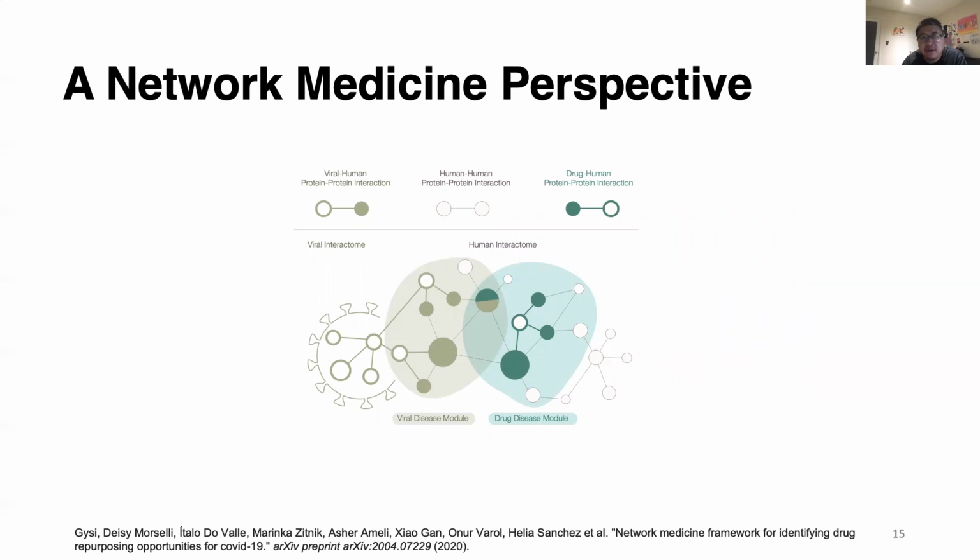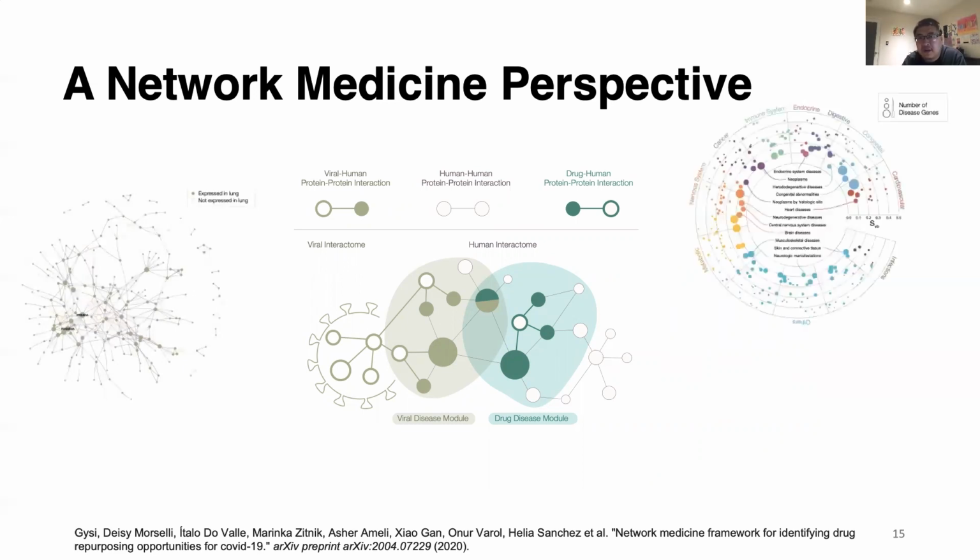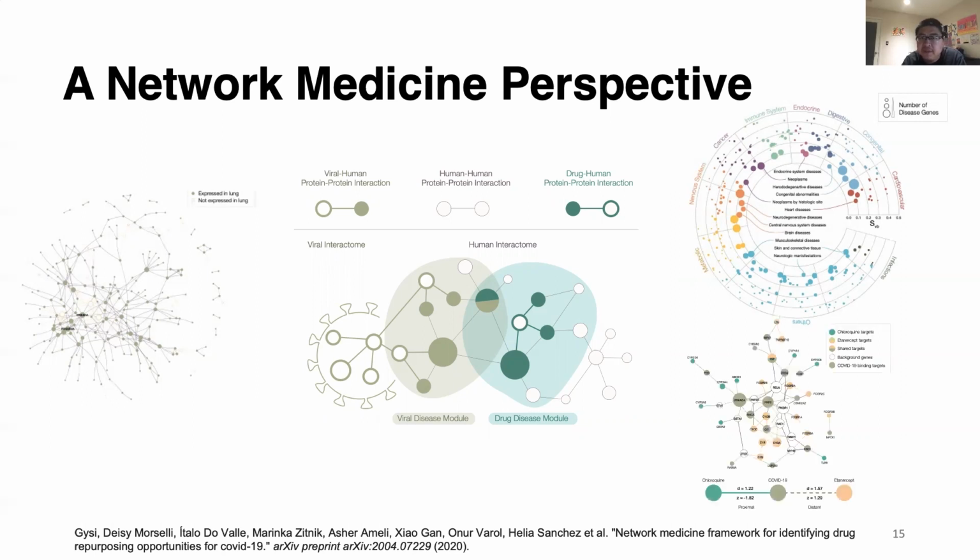And in this framework, they model the heterogeneous entities that can potentially be involved in the drug repurposing pipeline from a network medicine perspective, where they have the virus-human protein interaction, which captures the human proteins to which the viral protein can bind, and the human protein-protein interaction network, which defines the human interactome of about 18,000 proteins linked by 332,000 pairwise physical interactions, and the drug-human protein interactions, which captures the human protein targets of each drug in the DrugBank database.